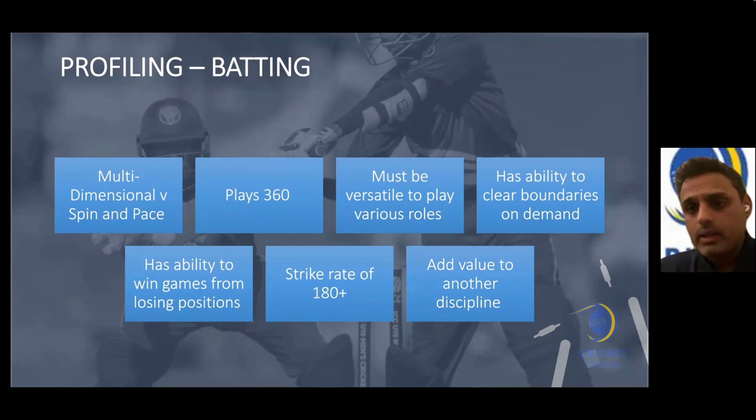Again, I mentioned having the ability to win games from losing positions. I think that speaks volumes for itself. Strike rates of 180 plus. Ideally, if you can get to 200s, that's even better. What I hear is a lot of players saying, "Oh, I got a 30 off 150 balls, and I should be playing for the national team." Well, actually, no, you shouldn't. What you should be doing is playing the long format of the game.